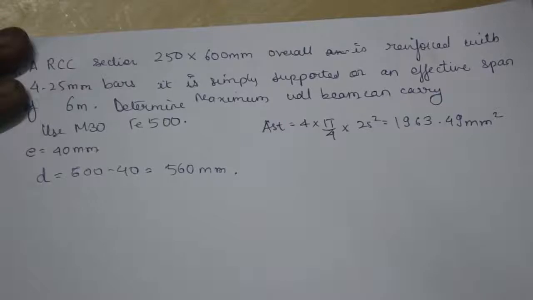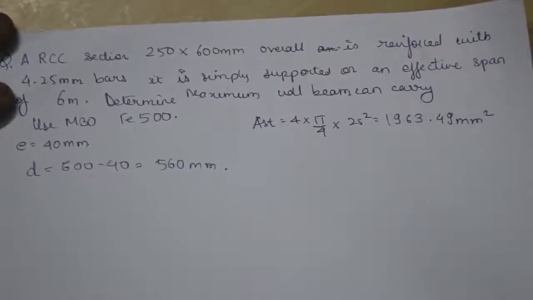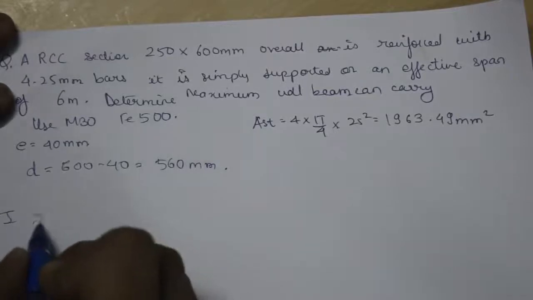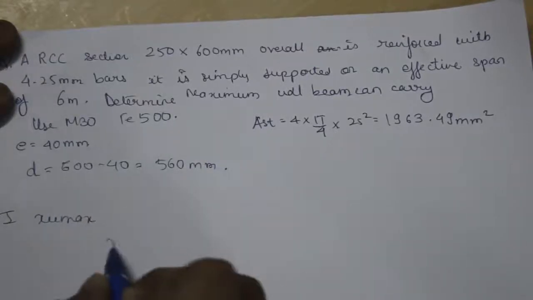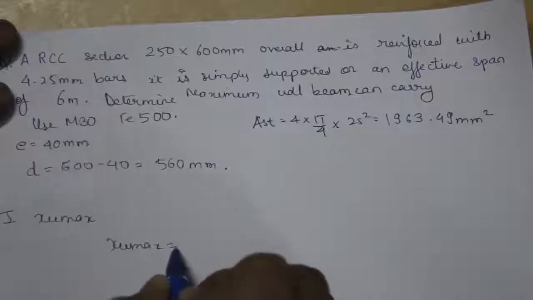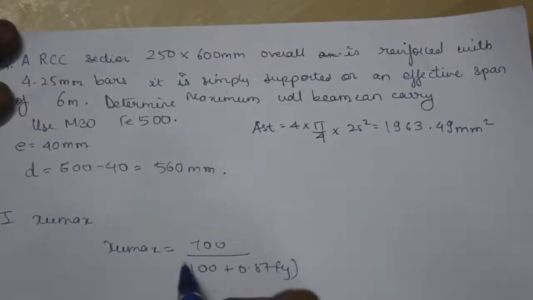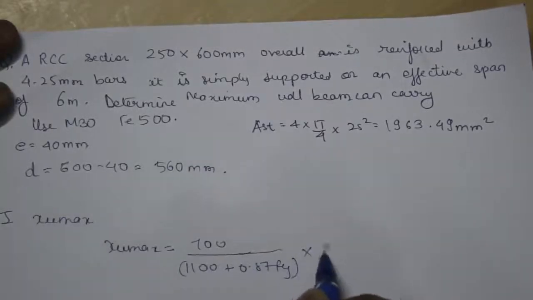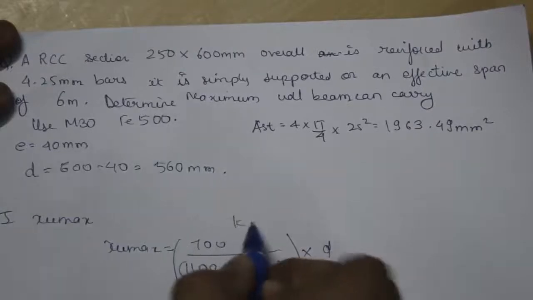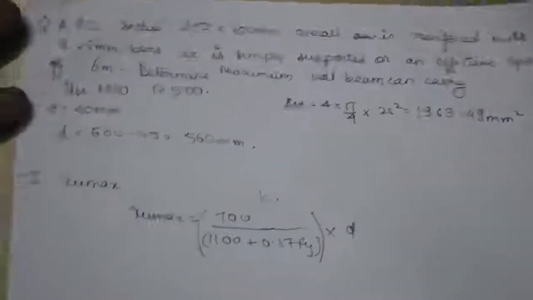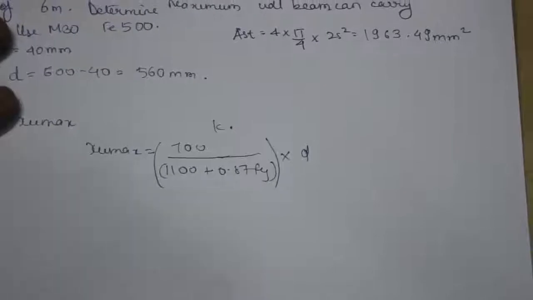Always, while designing or analyzing a singly reinforced beam, first you have to find out the ultimate or limiting depth of neutral axis, that is Xu max. So the first step would be Xu max. Xu max is given as 700 by 1100 plus 0.87 Fy, multiplied by d. This here is the neutral axis depth factor, that is k or kd, whatever you want to call it.